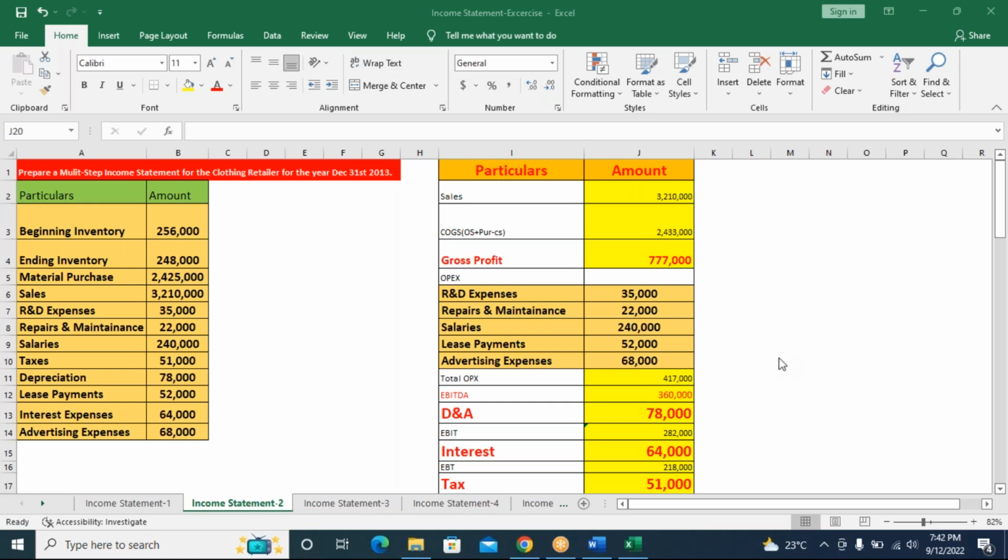Mansi, at least if you are not able to connect with your audio, give the response through the chat. Then only I can mark you present.